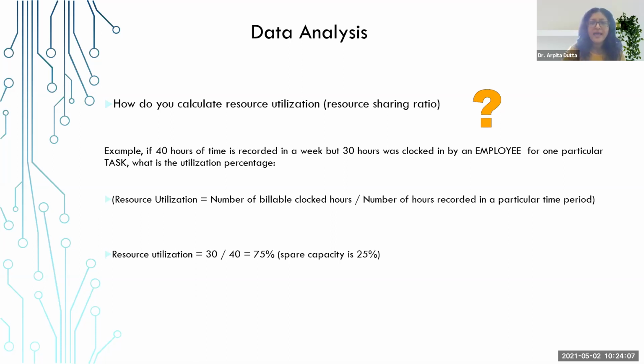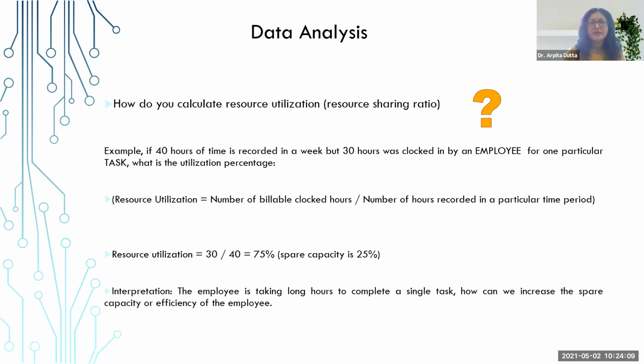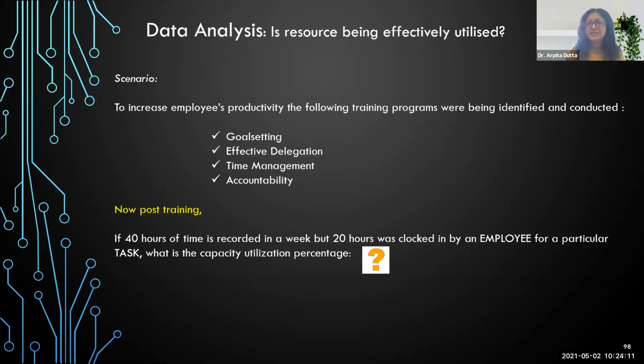And therefore, the management decides to make him attend a goal setting program, effective delegation program, time management program, and accountability program. So this person attends these 4 training sessions. Not just training, management also decides to move him to a learning path.